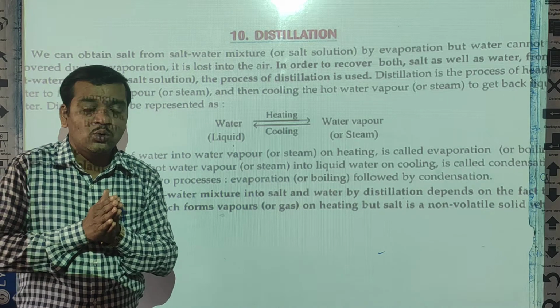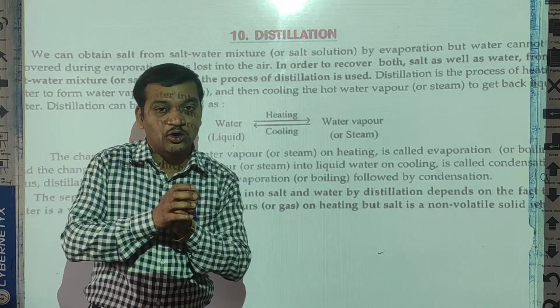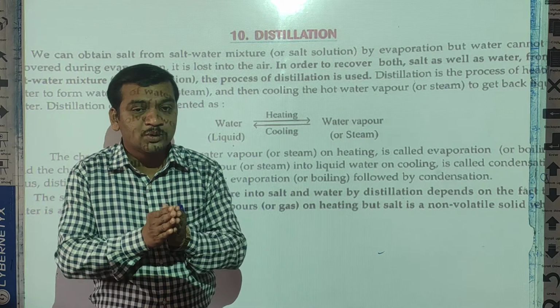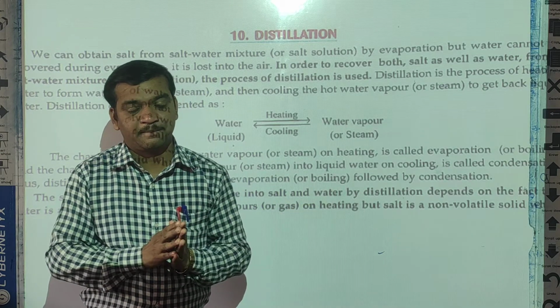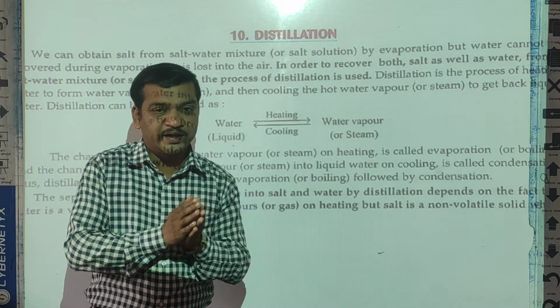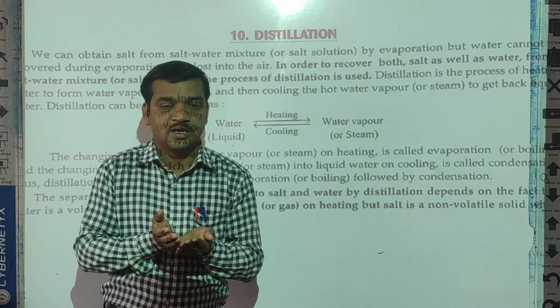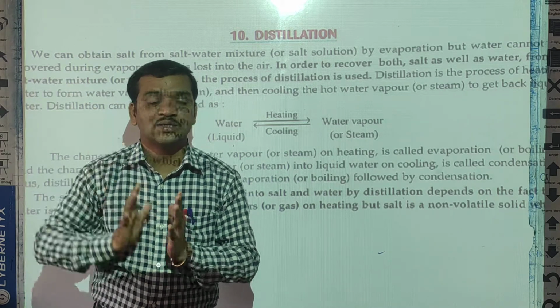Then how do we obtain the water also? How do we recover both the substances separately? By the process of evaporation, we just get the salt, and the water evaporates and is lost in the air.